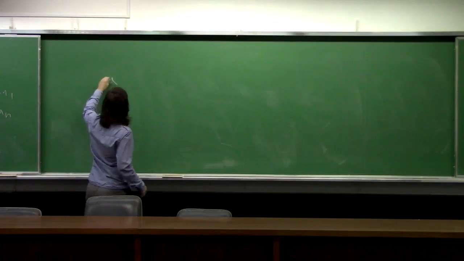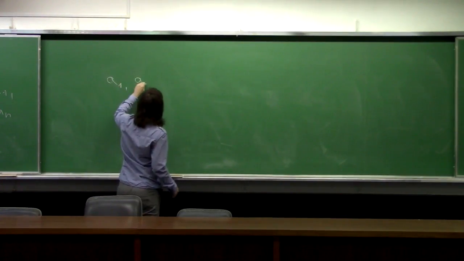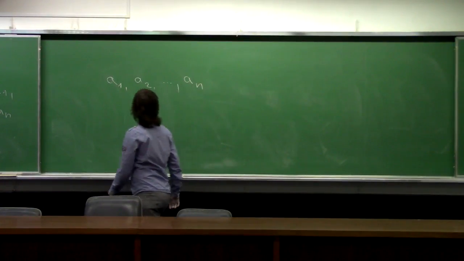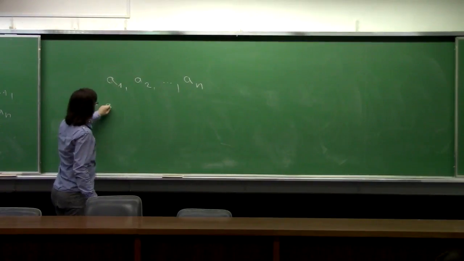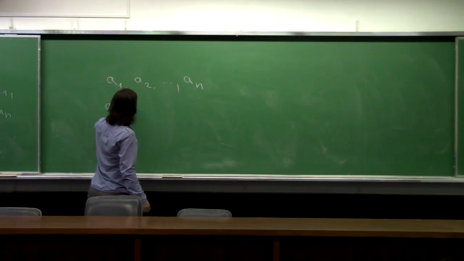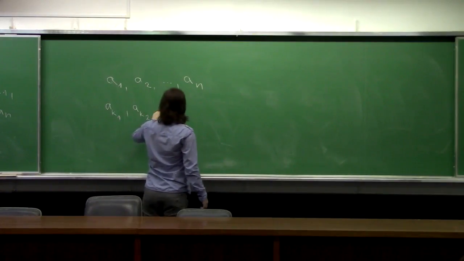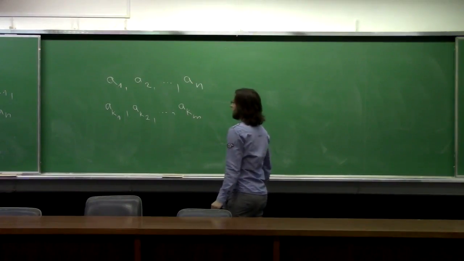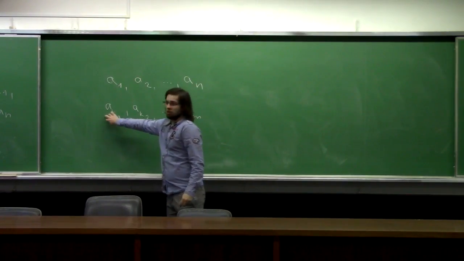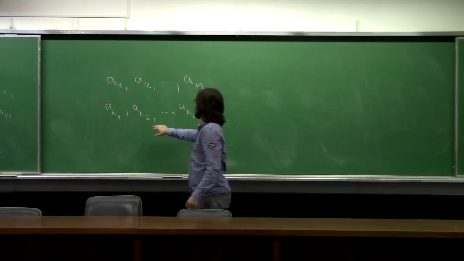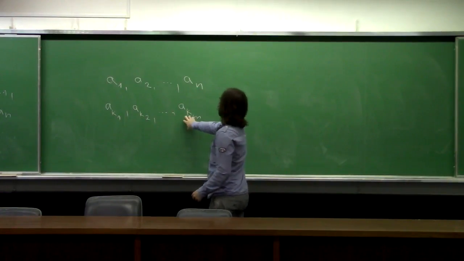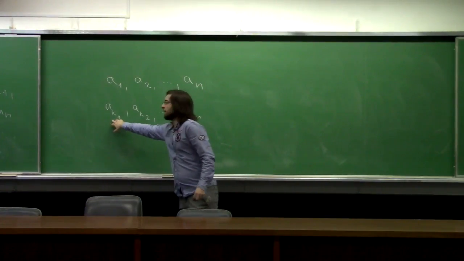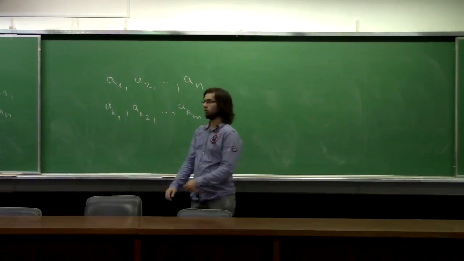Okay, we have A1 through AN, and we can choose some AK1, AK2, AKM, and move this number to this position, move this number to the next position, etc., and move this number to this position. So instead of AK1, we would have AKM, and so on.